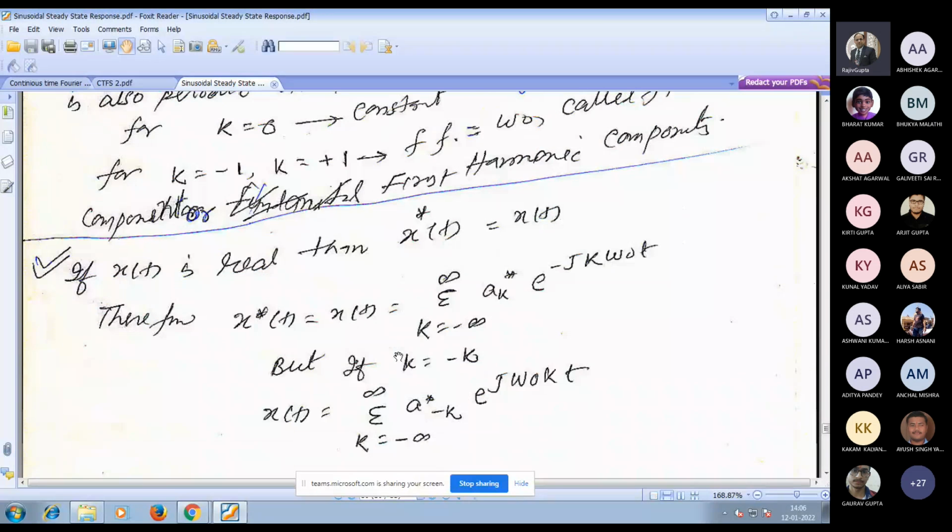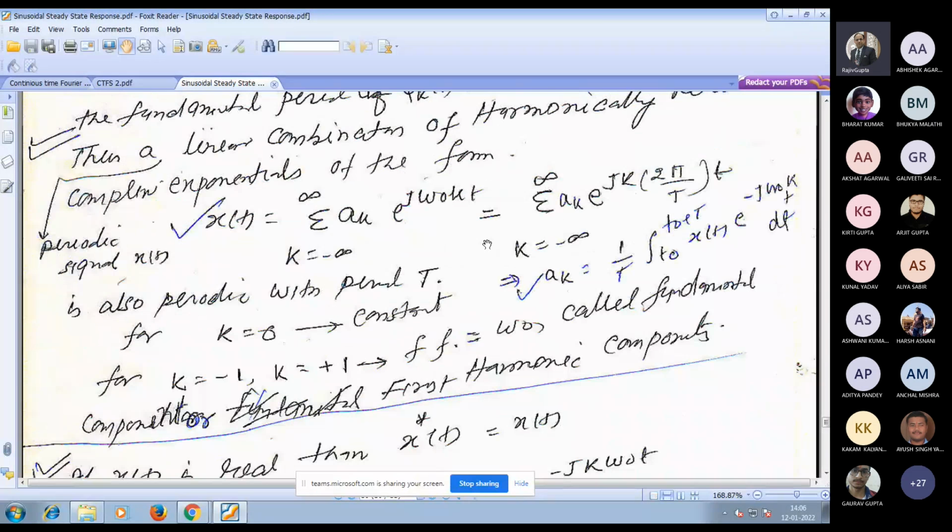So this form of representing the Fourier series is known as the complex exponential form.